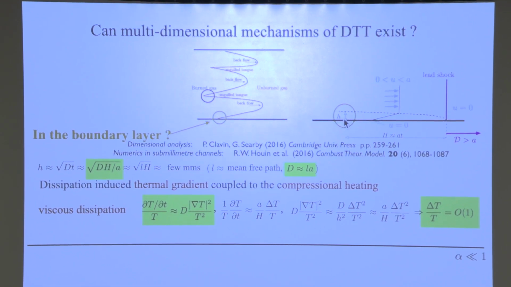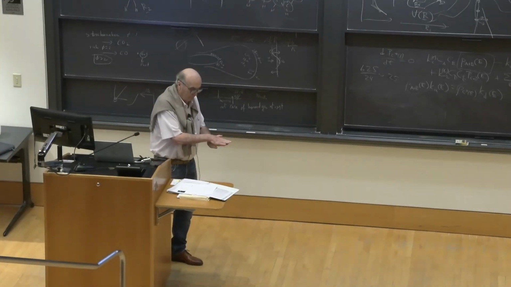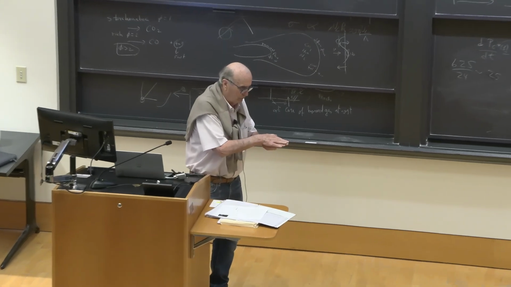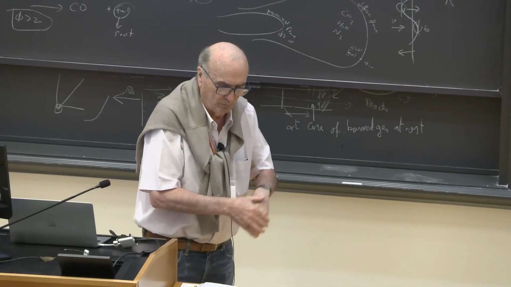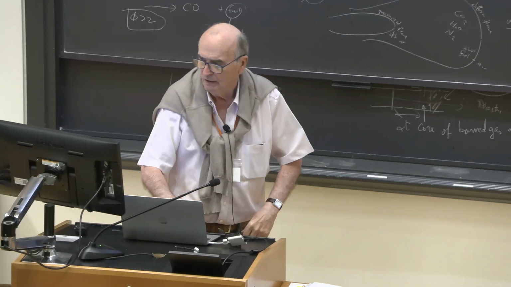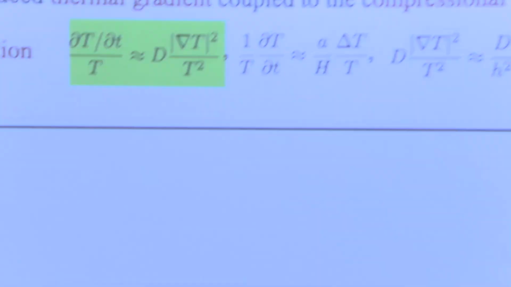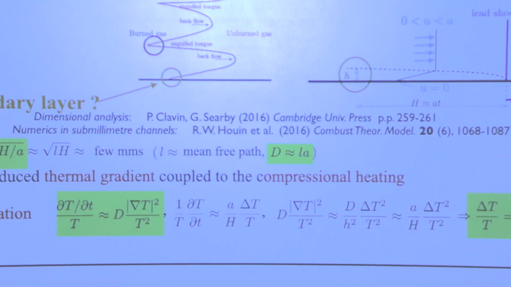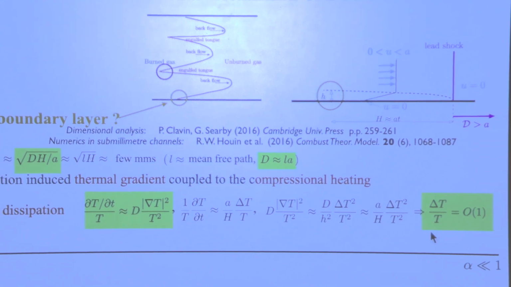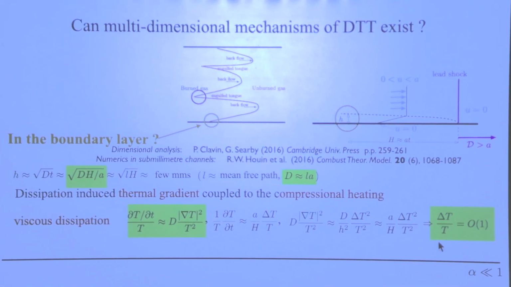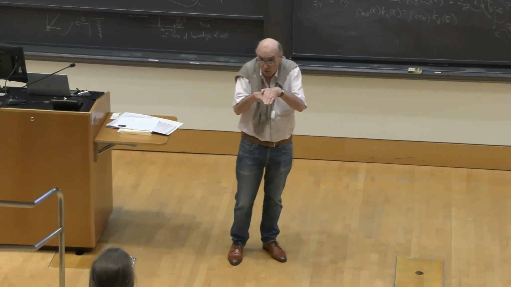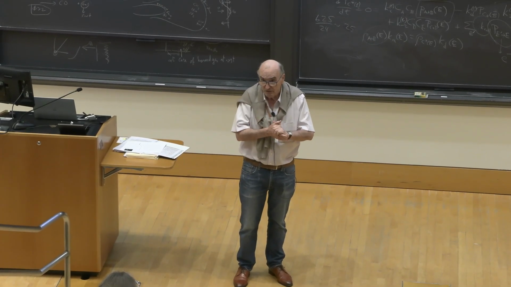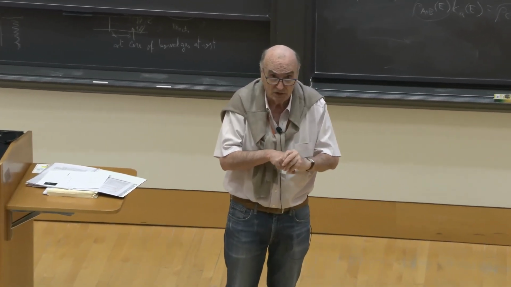You see, when you have a shear flow, you increase the temperature. And it's easy, using the boundary layer and so on, to find that the maximum increase of temperature you may have at the boundary is not so large.